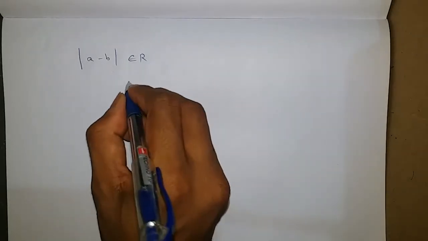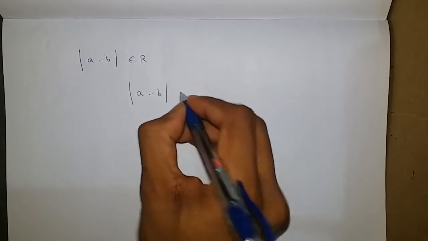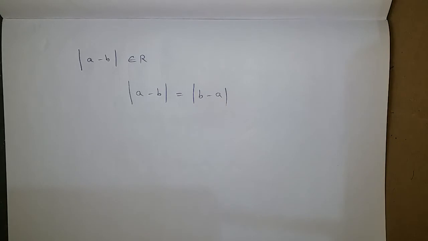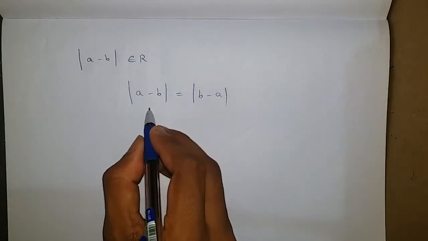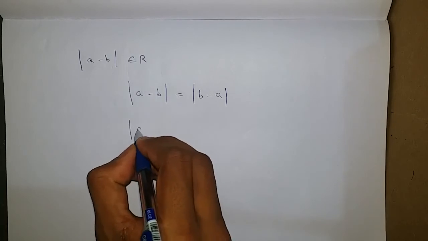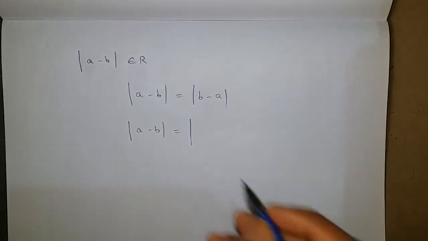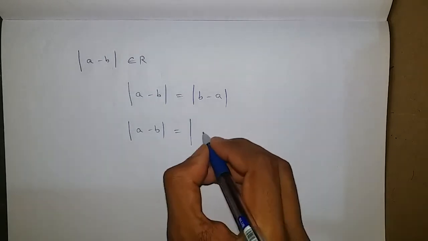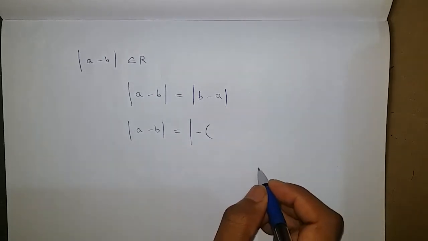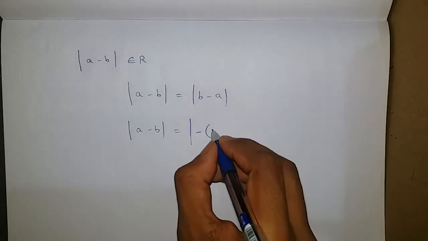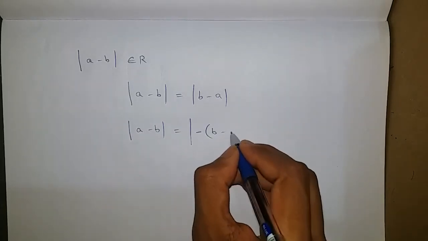So we need to prove that modulus a minus b is equal to modulus b minus a. Now this modulus a minus b, I am writing it by taking minus common. If we take minus common, then minus b will become plus b, plus a will become minus a.